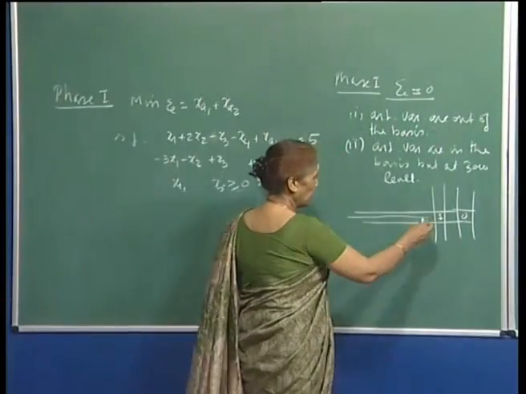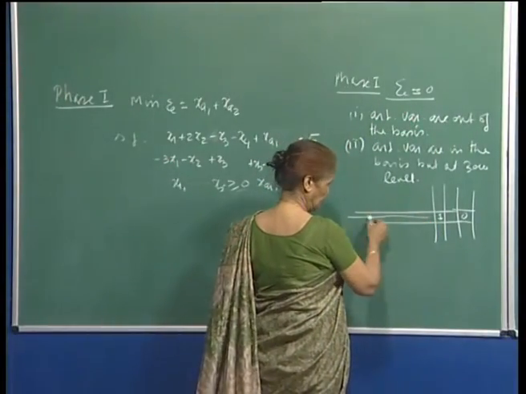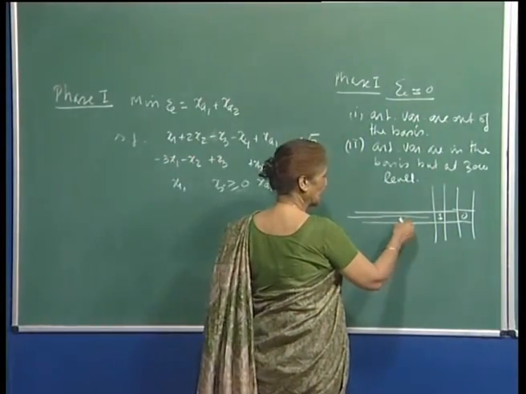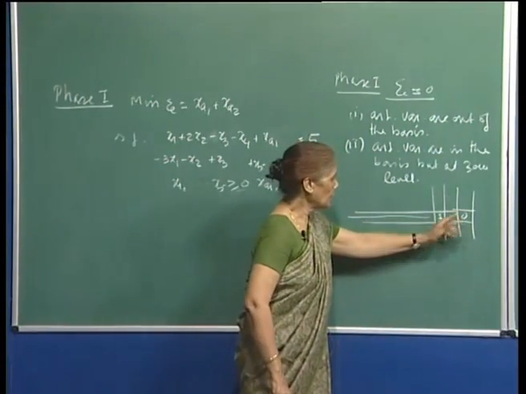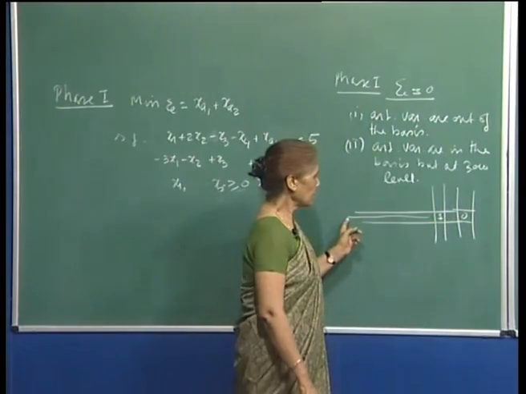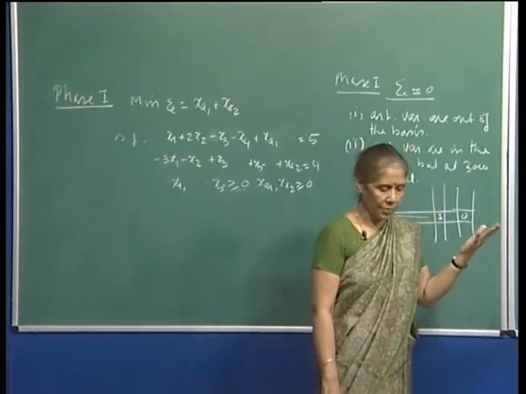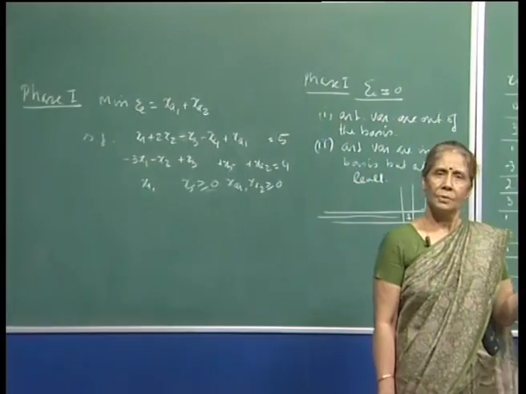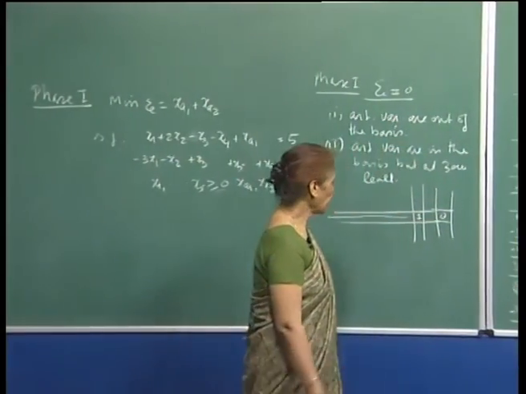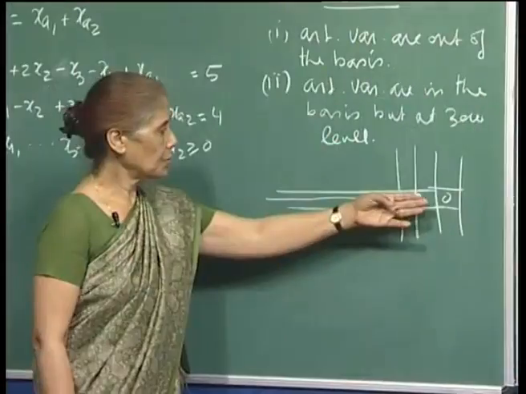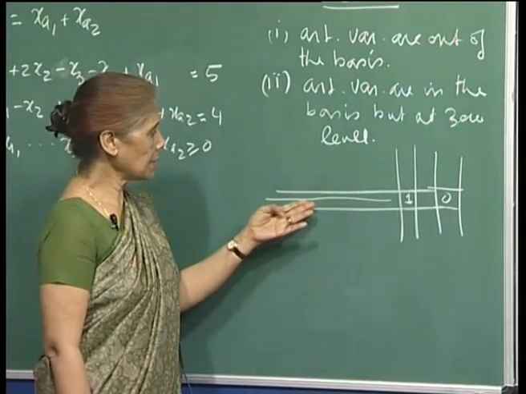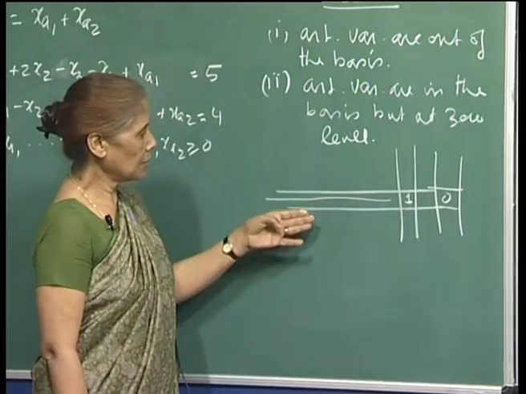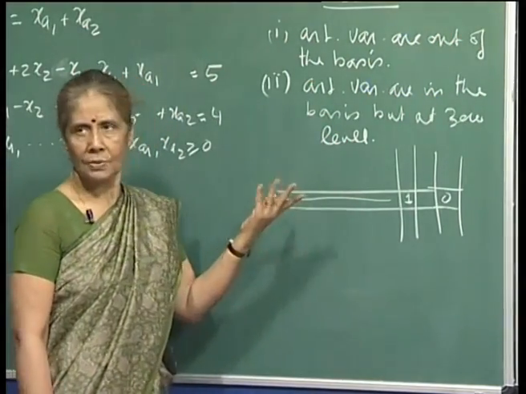But in case there are no non-zero entries here, then you can conclude that this constraint is redundant, because if you remove this column, all the elements in the transformed row are zeros. You know from your linear algebra theory that you can express this row in terms of the remaining rows of the matrix, so this constraint is not required.